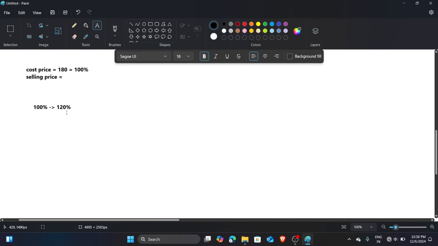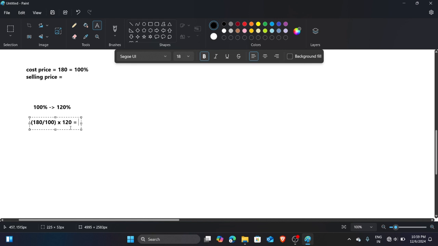So from here, what we have to do, as I already explained in the previous video: first we divide it by 100, because this is the value of 100%. After this, we multiply it by 120. So what could the answer be?